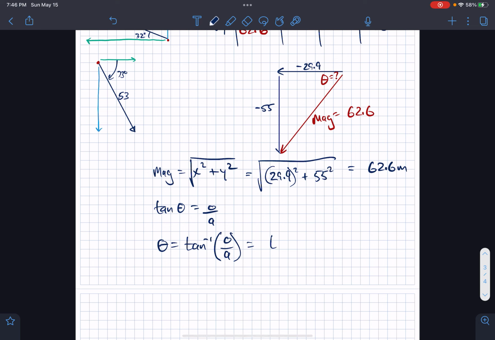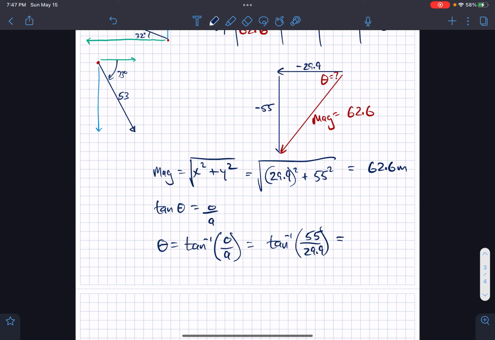That is to say, the inverse tangent, or the arctangent, many people would say, of opposite, that is 55 over 29.9. And again, since we have negatives over negatives, you're not worried about it. I just took the negatives away, so you got a negative over negative, so that's why I didn't put the negatives in there.